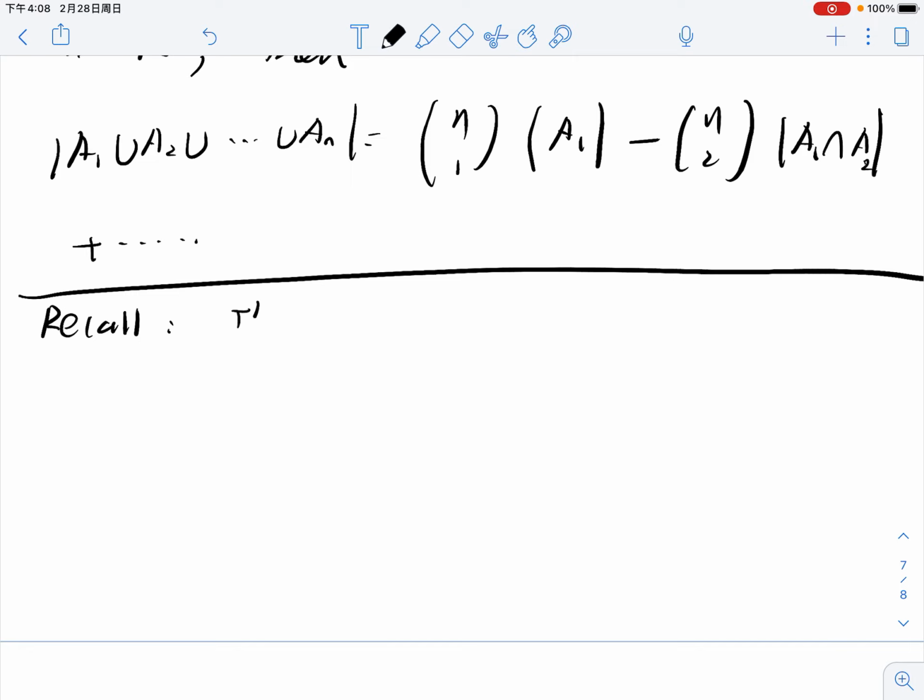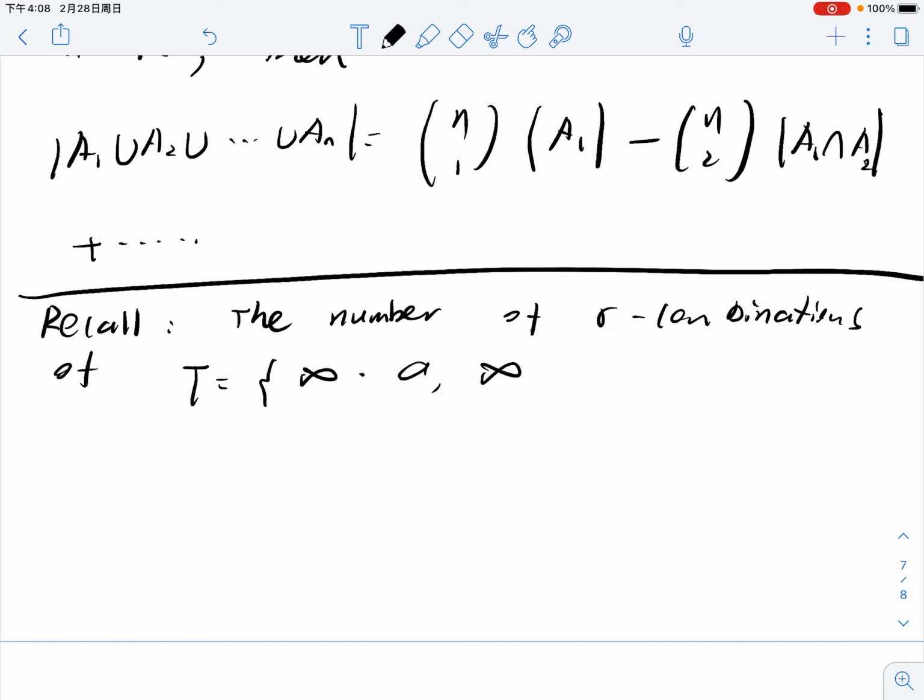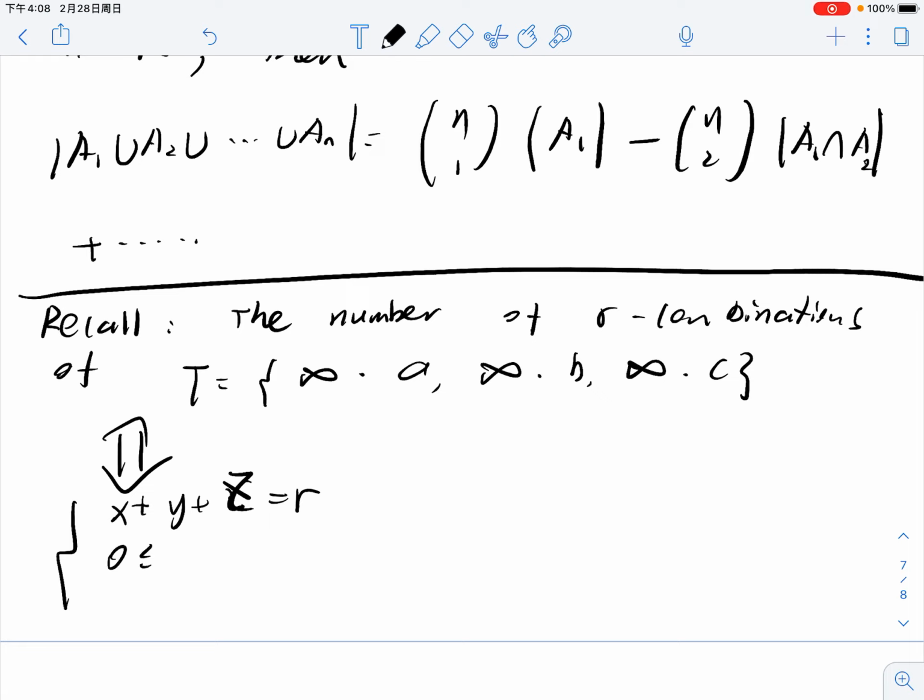That is, we found the formula for the number of R-combinations of the multi-set, for example, infinite A, infinite B, infinite C. And this problem is actually equivalent to finding the number of integer solutions of x plus y plus z equals R, with x, y, z non-negative.